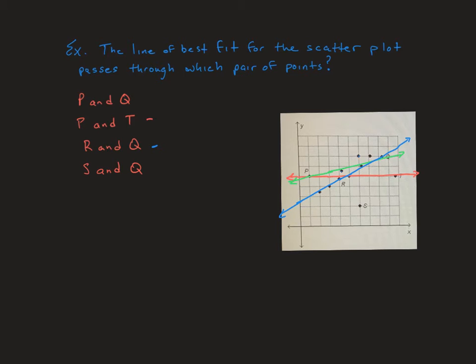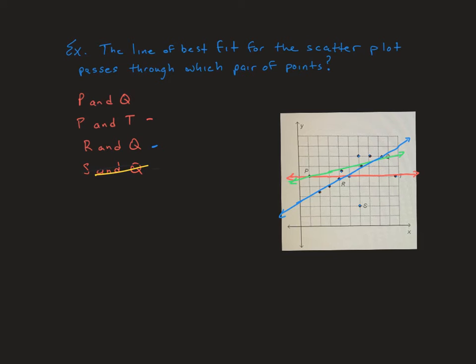I do have a few above and a few below, so that's a possibility. And then if we plug in one more here, the SQ right here. Okay, I would definitely say SQ is not going to be a possibility. Let's cross that one out.